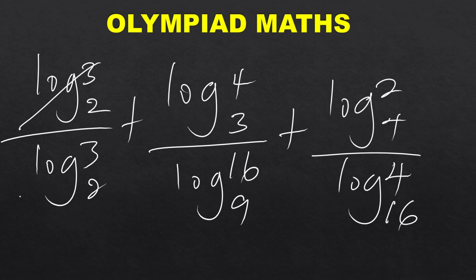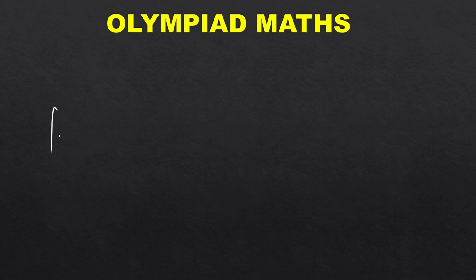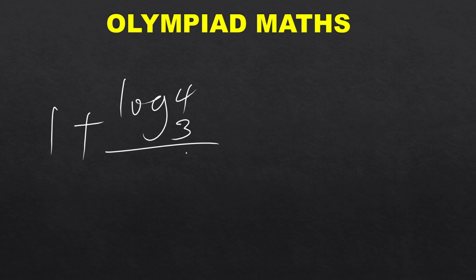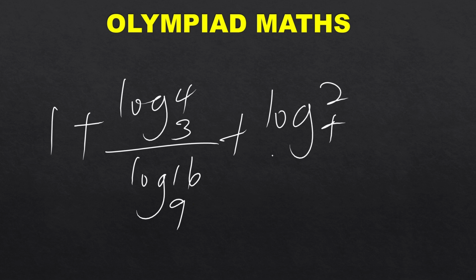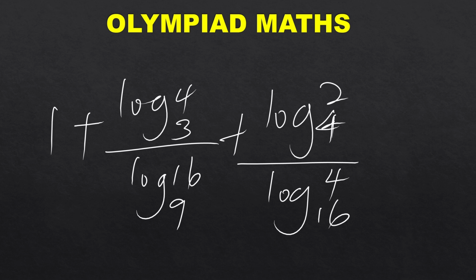Now this divides itself, so I have 1. So this is going to be 1 plus log 4 base 3 over log 16 base 9, plus log 2 base 4 over log 4 base 16.